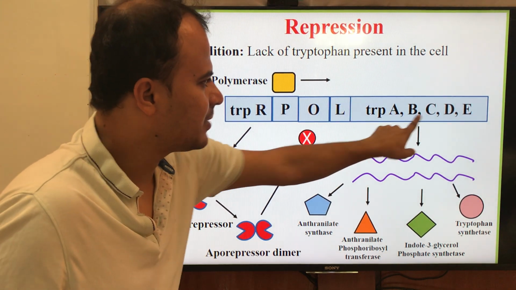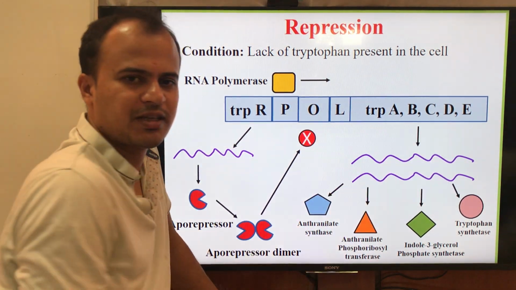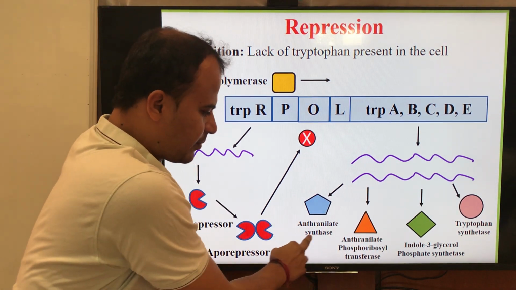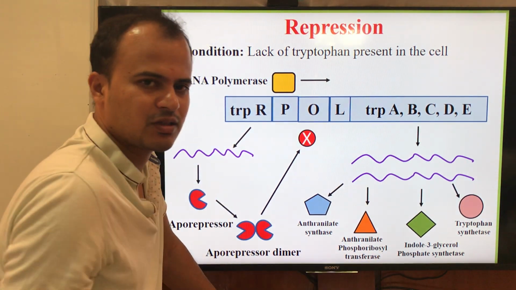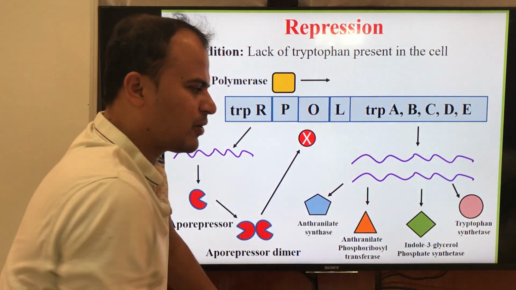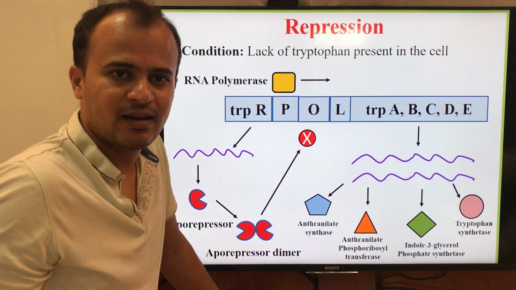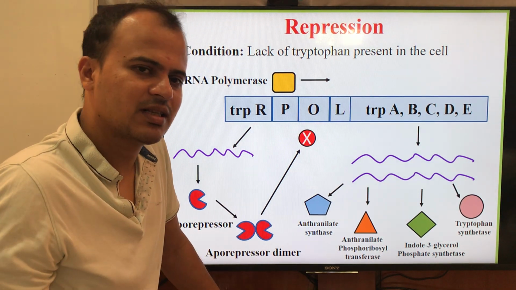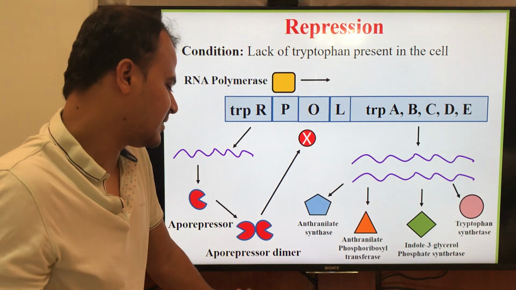Since the TRP ABCDE genes are transcribed by the RNA polymerase, it gives rise to a single mRNA. This single mRNA gives rise to four different proteins, that is, anthranilate synthase, anthranilate phosphoribosyl transferase, indole-3-glycerol phosphate synthetase and tryptophan synthetase. If these proteins are formed in the cell, obviously they assist the synthesis of tryptophan and increase the levels of tryptophan in the cell.